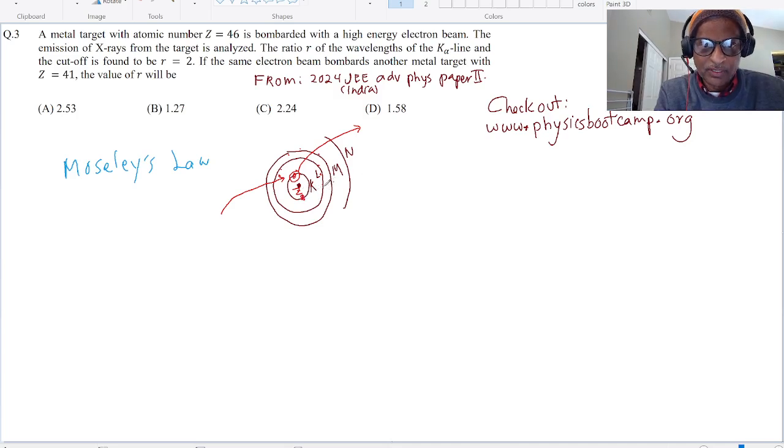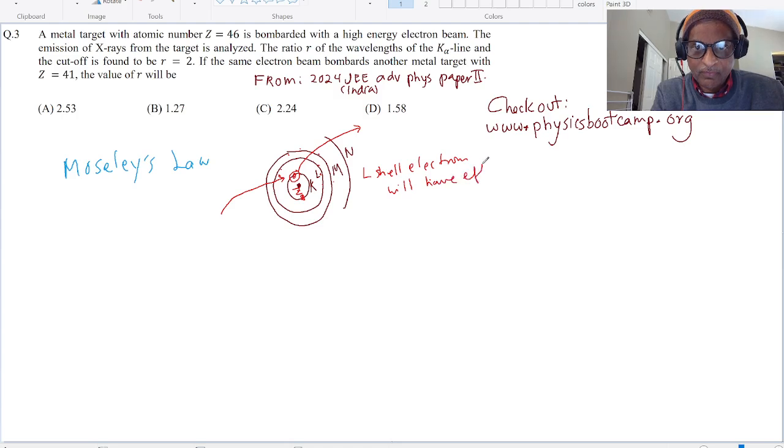So the L shell electrons will have an effective Z of Z minus 1.